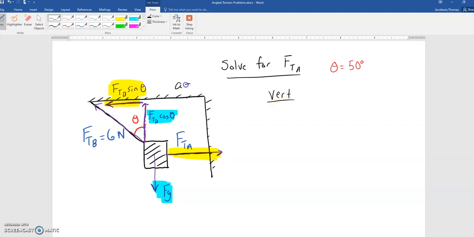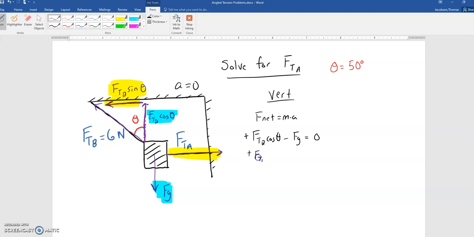Vertically, again, the acceleration is 0 here. This object's not accelerating. F net equals m times a. Then we have FTB cosine theta, which I'm going to make positive because that's going up, and then subtract off FG, and that equals 0.